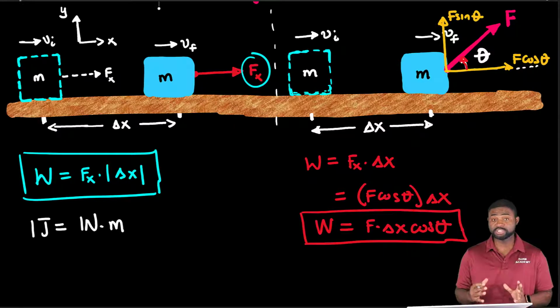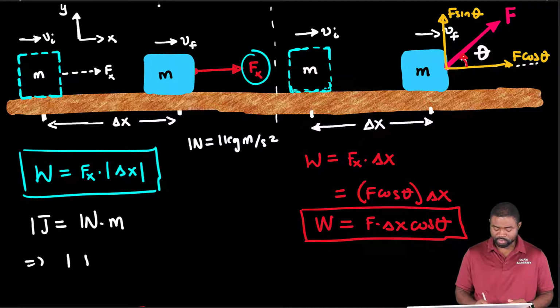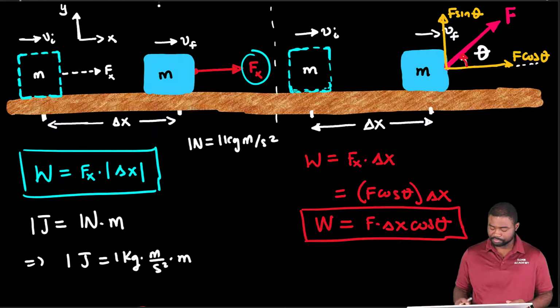If I want to express this in base units, remember that 1 Newton is equal to 1 kilogram meter per second squared. So this implies that 1 joule is equal to kilograms multiplied by meters per second squared multiplied by meters.